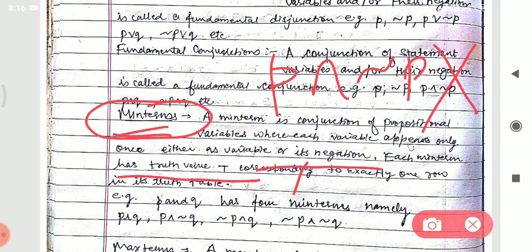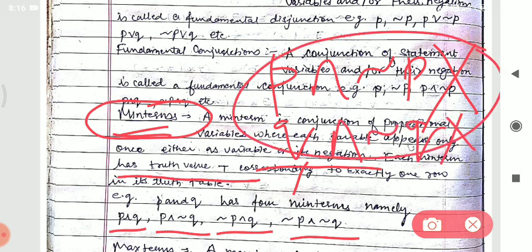Otherwise, minterms are very clear. Minterms are P and Q, P and negation Q, negation P and Q, negation P and negation Q, but P and negation P is not allowed. One variable is allowed either as a variable or its negation, not both. So Q and negation Q is also not a minterm.